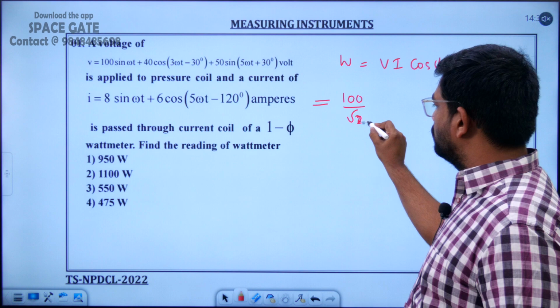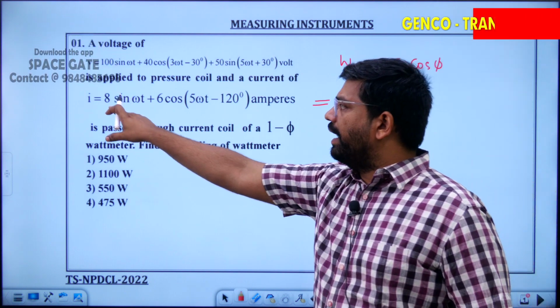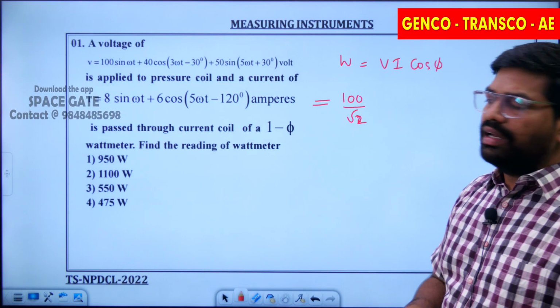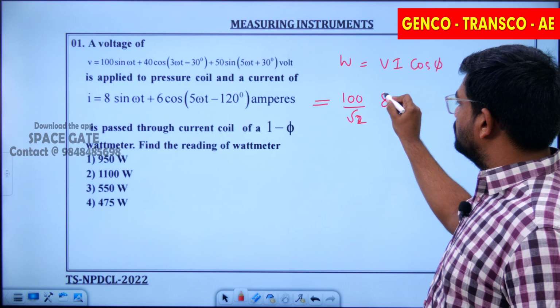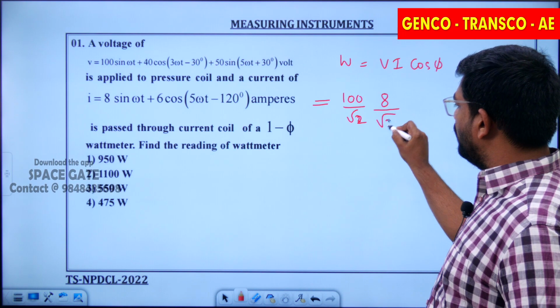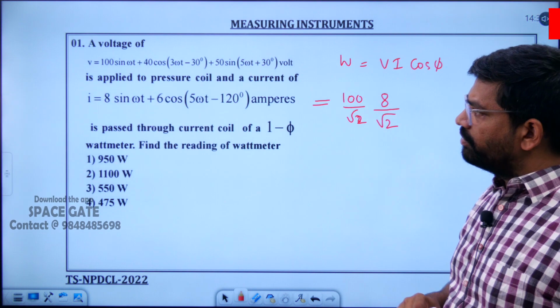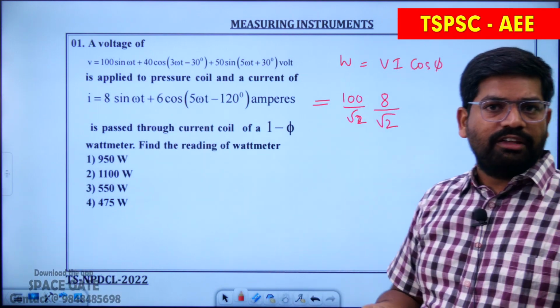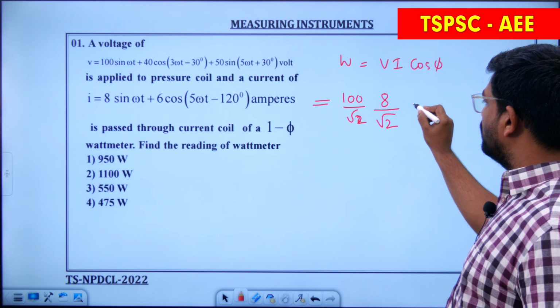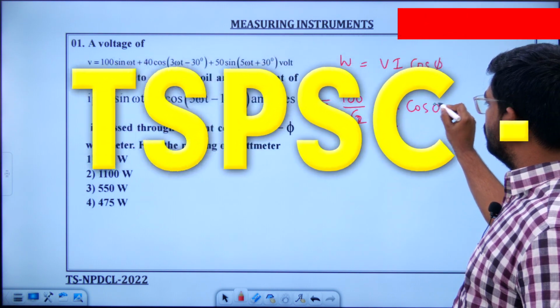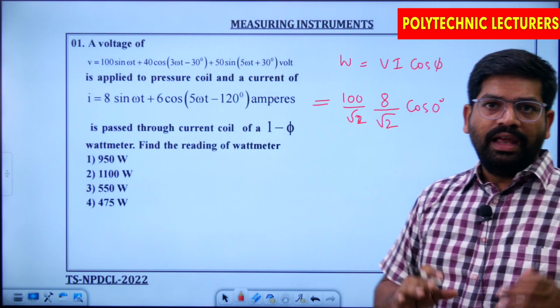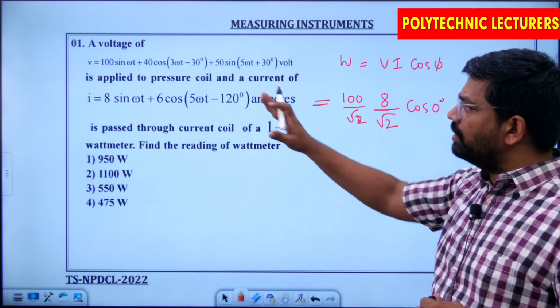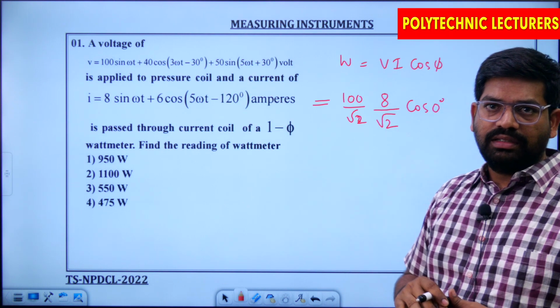And the next one is 8 sin omega t, so the RMS value for that is 8 by root 2. What will be the phase angle? Both are sin omega t, so there won't be any phase displacement, so we write cos 0 degrees. This is the expression with respect to only the fundamental component.